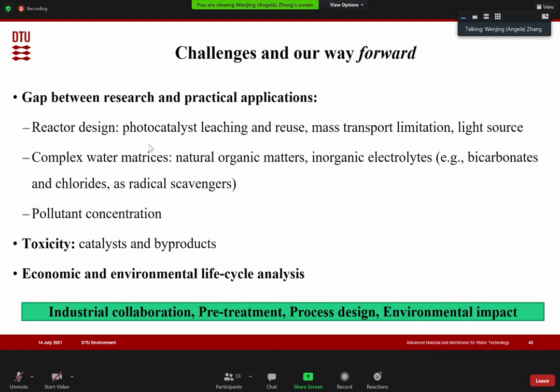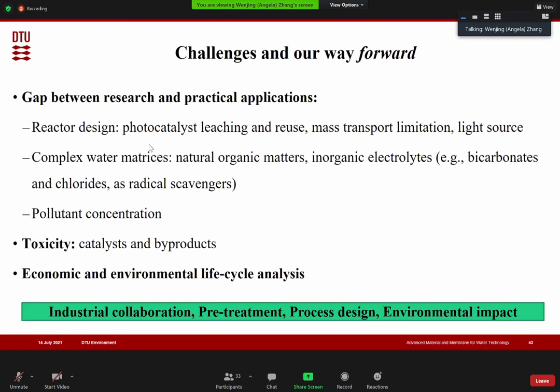For instance, the reactor design and how we can prevent photocatalyst leaching if it's not immobilized. How can we ensure they can be reused? And also when we treat these micropollutants, the concentration is quite low. Is there any way we can use reactor design to improve mass transport? And how do we introduce the light source in the most efficient way?